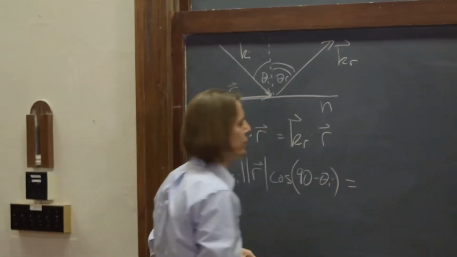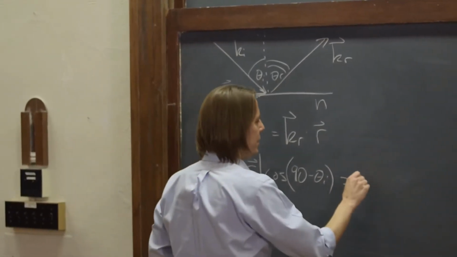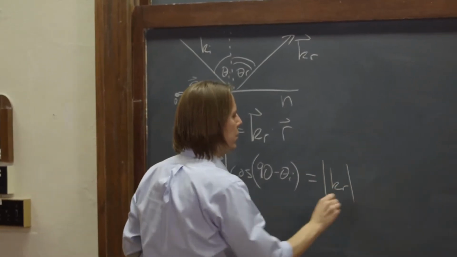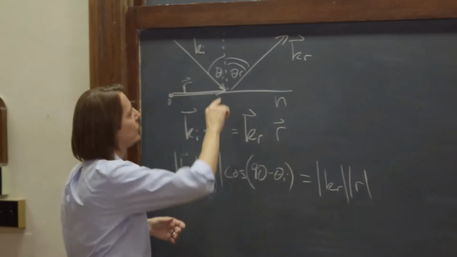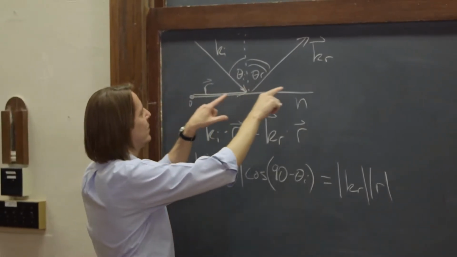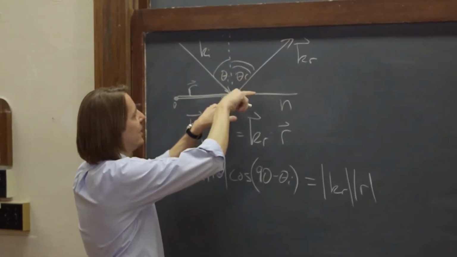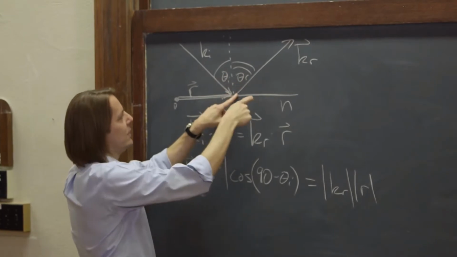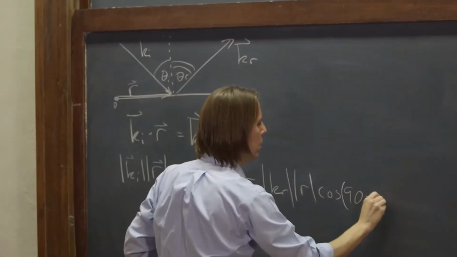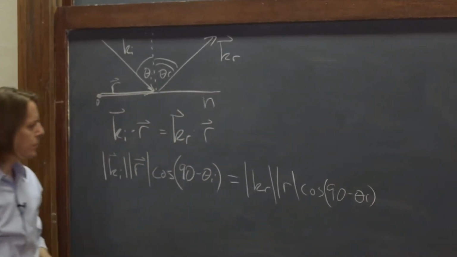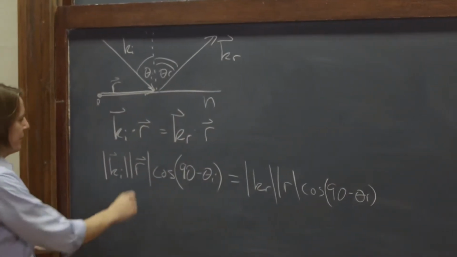And then we could do the other side, the magnitude of Kr and the magnitude of R, and the cosine of the angle between those. If we put this tail to tail with this, that's the angle, but the whole thing is 90. So again, it's 90 minus theta R. If you look at that, a lot of stuff cancels.